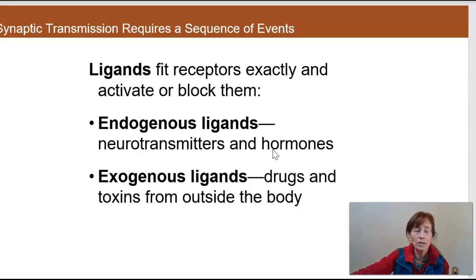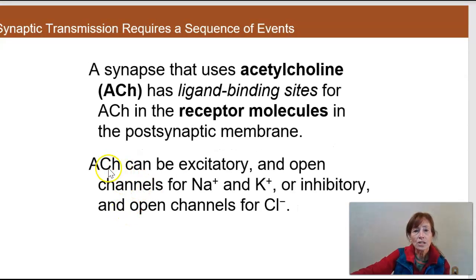But there's also ones that we could take in from outside, and those would be exogenous, right? So exo, from outside. And those can include things like drugs. These can be types of medications or other things, or even toxins that can be entered from exposure from outside the body.